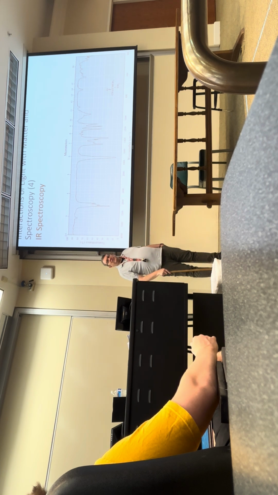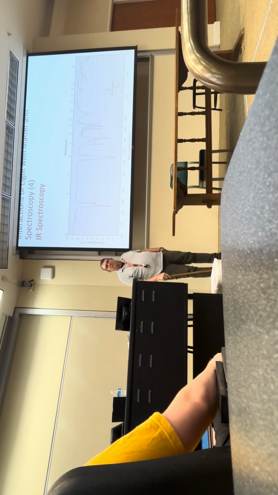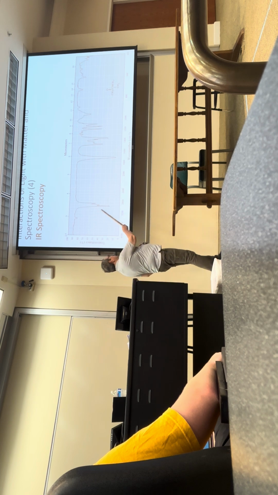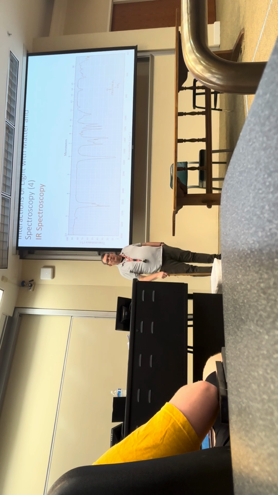That tells you not only do you have CH bonds, but there are CH bonds to sp3 hybridized carbons. If you had a peak just above 3,000, say 3,050 or so, that is indicative of a CH bond with an sp2 hybridized carbon, so an alkene essentially.